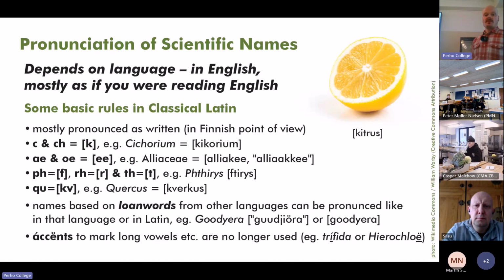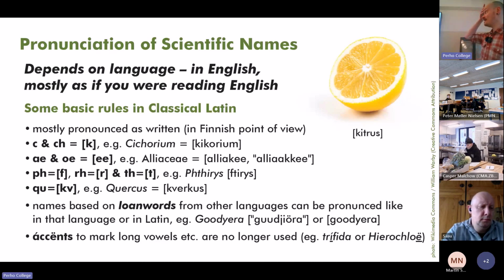So now I'm talking about this Finnish point of view of classical Latin. In Finnish, we have this good thing that the words are mostly pronounced the same way as they are written.